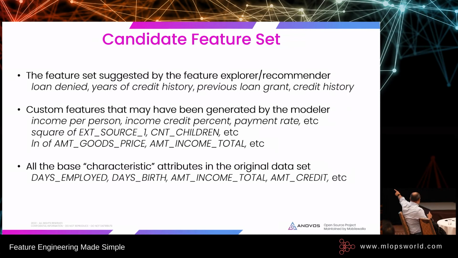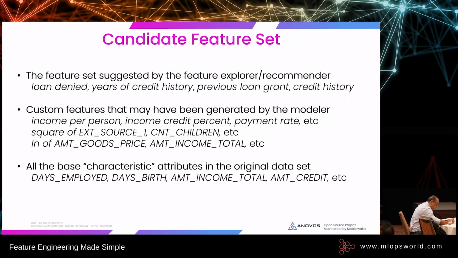And the third thing we recommend to everyone is that all my base attributes can often be features themselves, right? So add those as well. So it's my feature explorer recommended features, my custom features, and all my base attributes. That becomes the canonical candidate feature set.